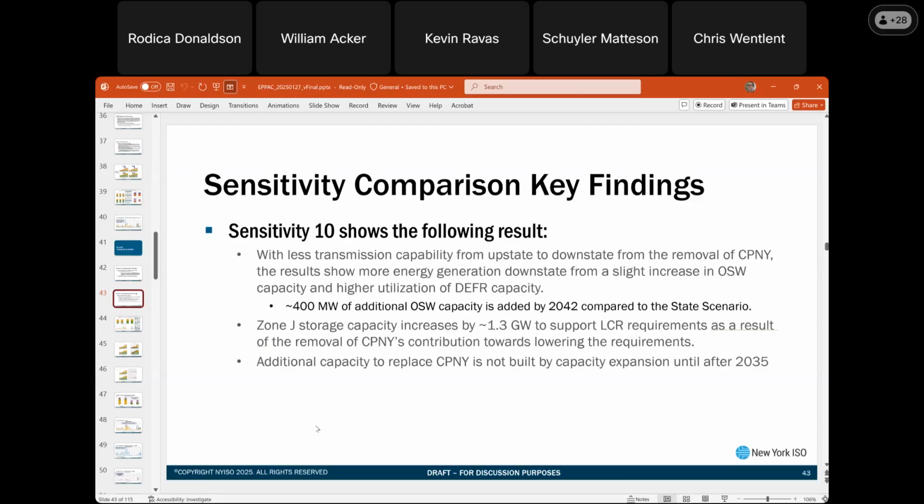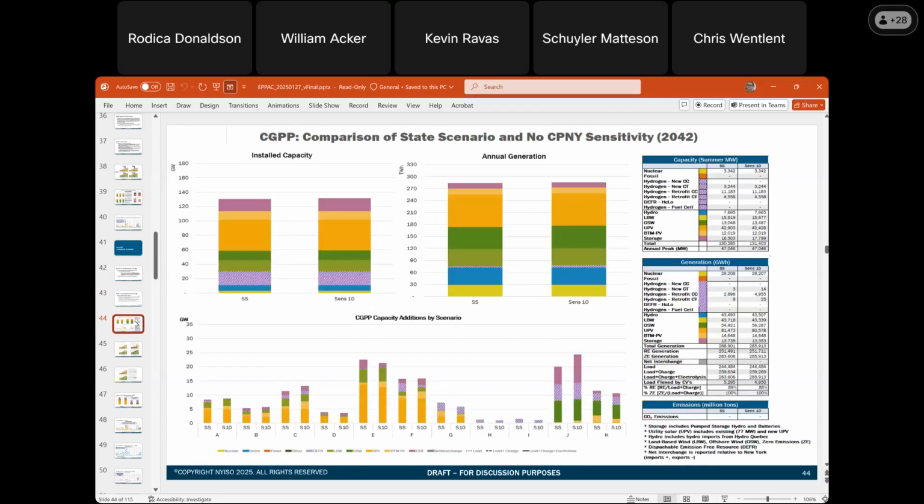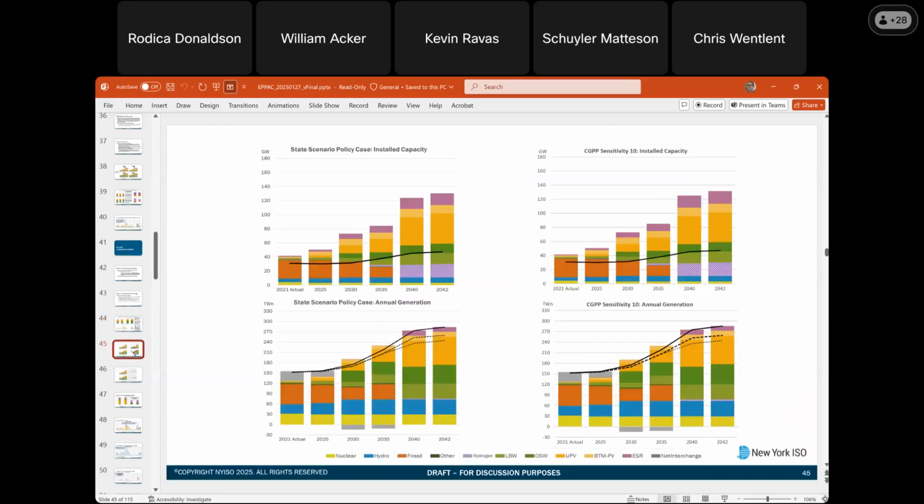And just also for more color here, the additional capacity to replace CleanPath is not built by the capacity expansion model until after 2035. So just to give you a sense of when this starts to impact the result. When we look on the 2042 basis, we're not seeing a significant change, but let me keep that one as reference and move on to these other slides.